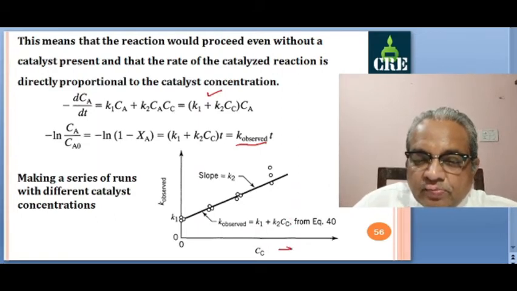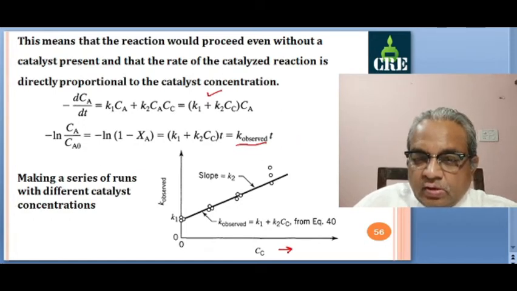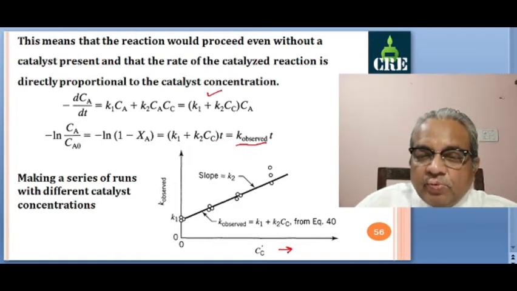Here you are varying Cc, so you need 7-8 different runs for this reaction, and you have to calculate the K observed value. For 1 K observed value, you make 1 plot of minus ln of Ca by Ca0 versus t, for 1 value of Cc. Then such 5, 6, 7, 10 values, whatever you get, you fit to y is equal to mx plus c form.